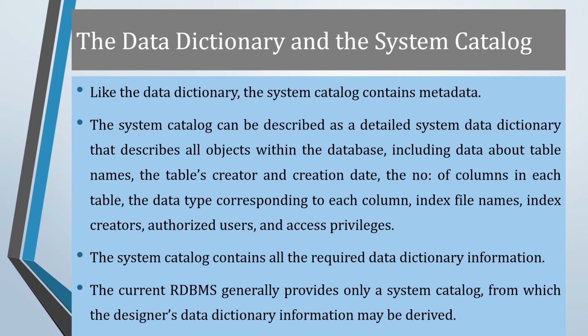Similar to the data dictionary, the system catalog also contains metadata. But the system catalog can be described as a detailed system data dictionary because it describes all the objects within the database, including the table names, the table creator, the date of creation, the number of attributes, the data type of each attribute, the index file names, index creators, authorized users, access privileges, etc. So it is the detailed information, and it contains all the required data dictionary information.